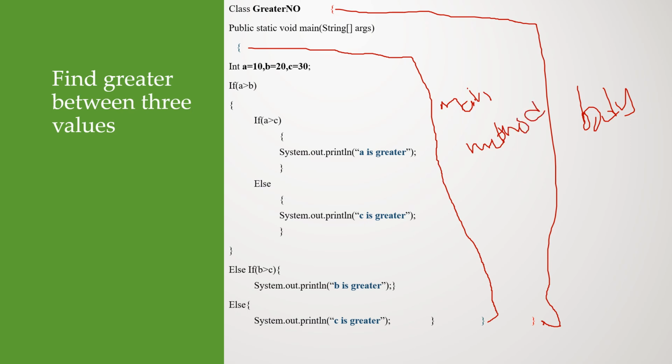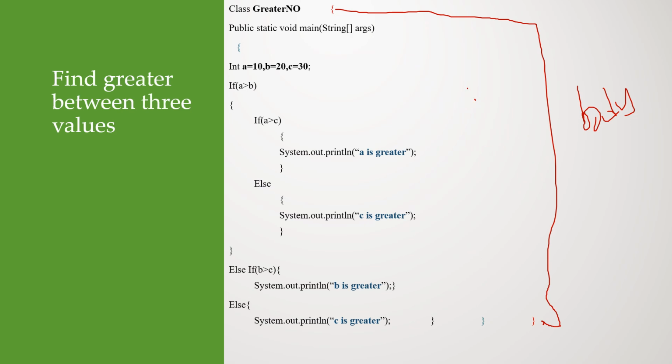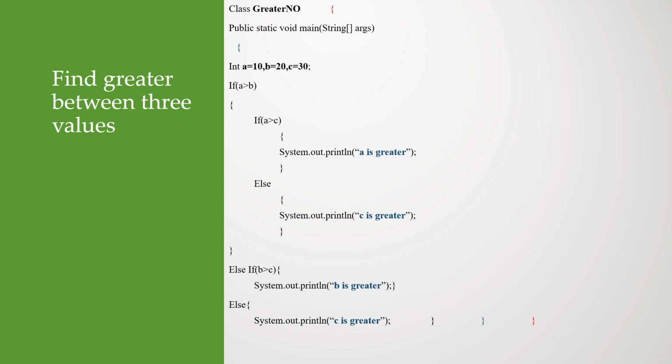So if you see in this main method, what we had done, we need to check. Last time, to know whether A or B is greater, we needed to initialize the values first. So we initialize A is equal to 10, B is equal to 20, C is equal to 30. Next is the condition.